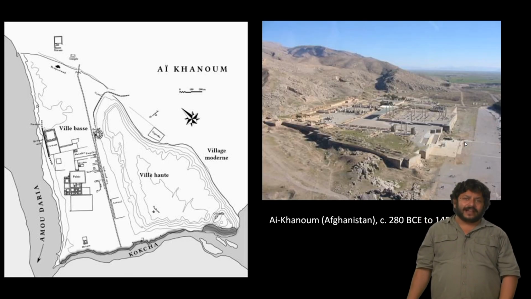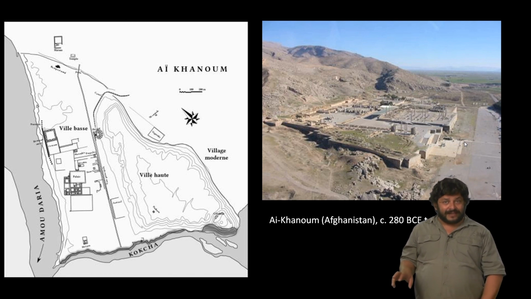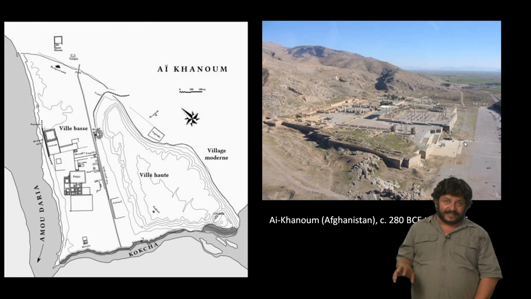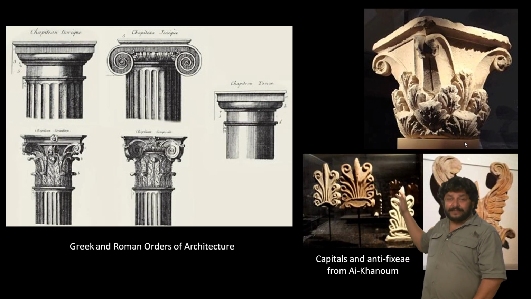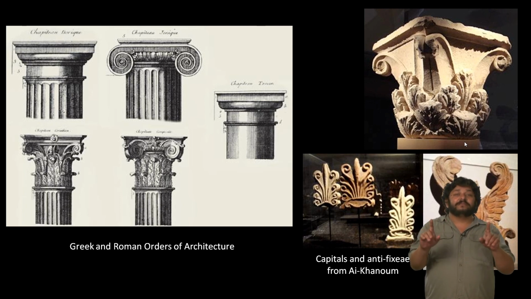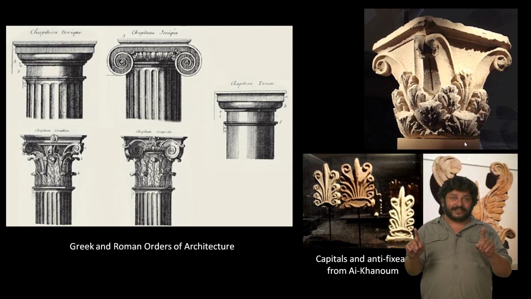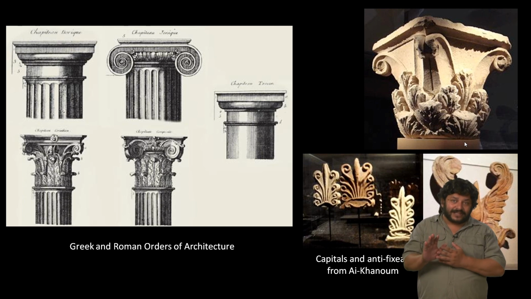At a site called Ai Khanum in Afghanistan, which is one of these Bactrian sites, one of these Hellenistic sites, a Greek settlement that's built, you find column capitals like the ones you have on the right hand side. The plate on the left shows you what later would be the standard orders of architecture in Greece and Rome: the Doric, the Ionic, and the Corinthian, and sometimes the Tuscan.